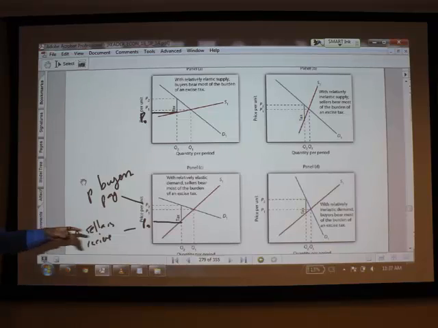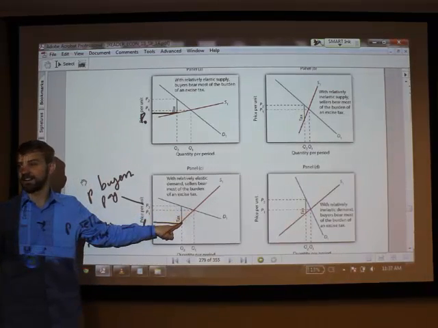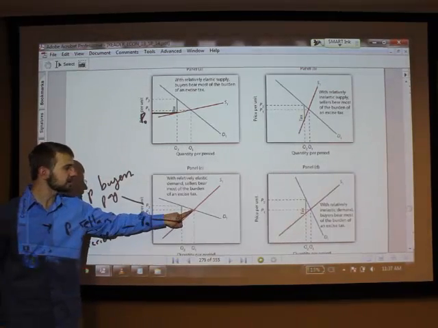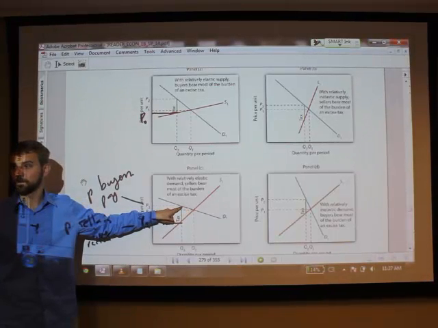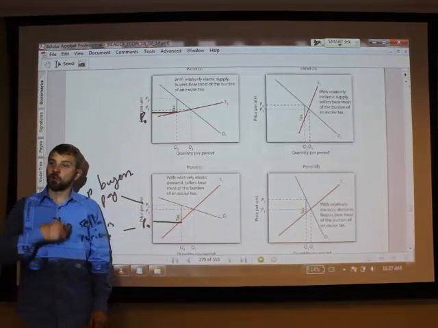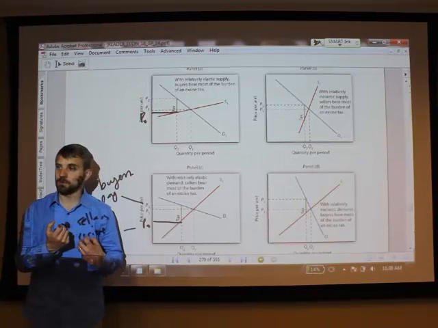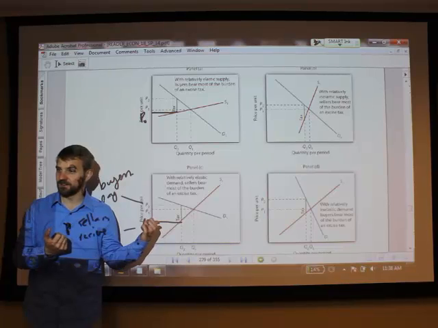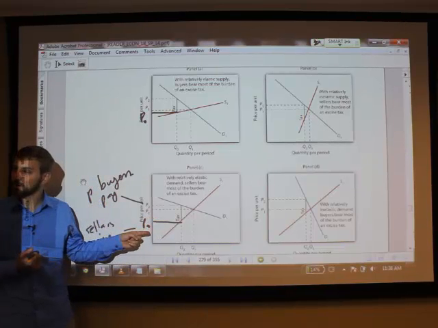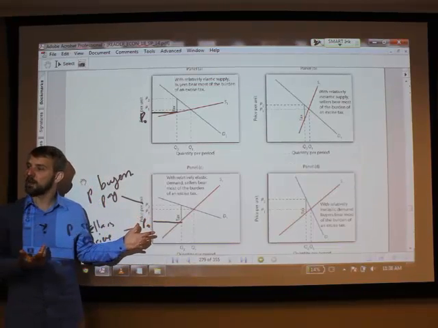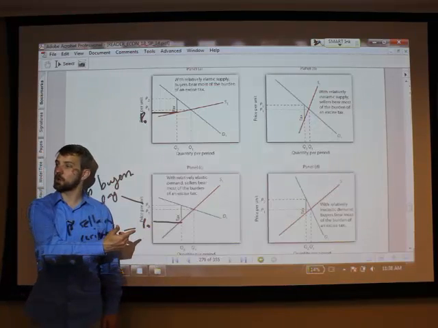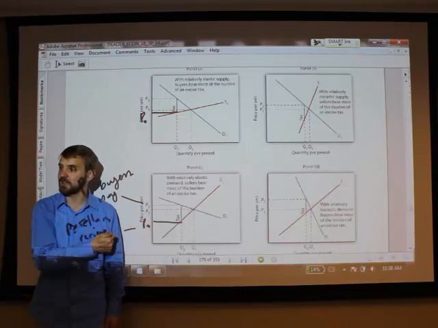The price that sellers receive goes down a lot, although buyers are only paying a little bit more. So if the goal of the tax is to raise revenue from rich people, it's not working here. Because who's really harmed? Well, both parties are harmed, but the sellers are the ones who are really harmed. They're receiving a lot less.